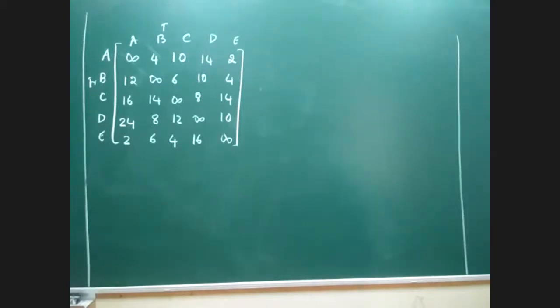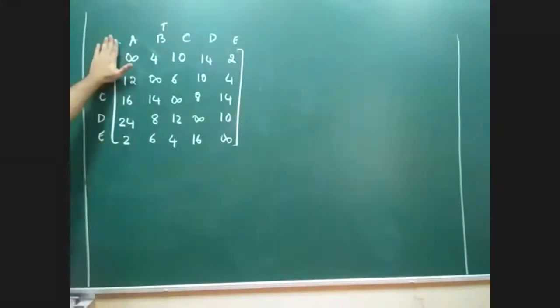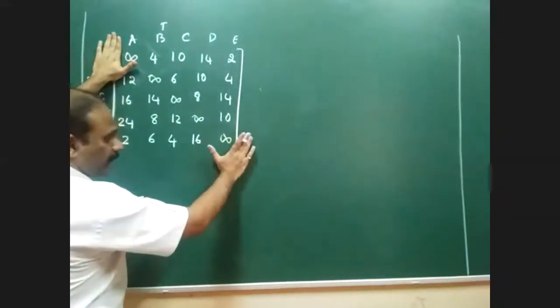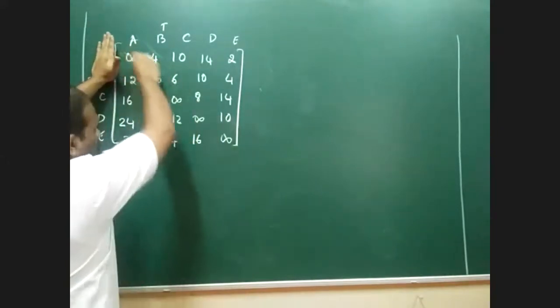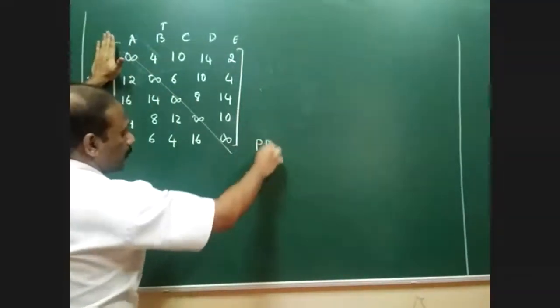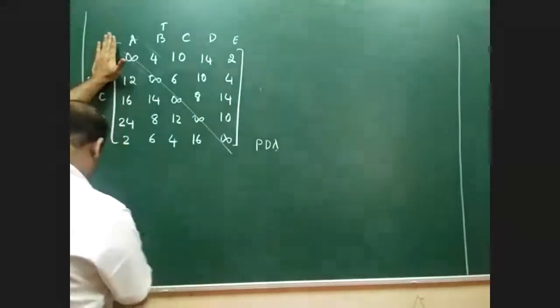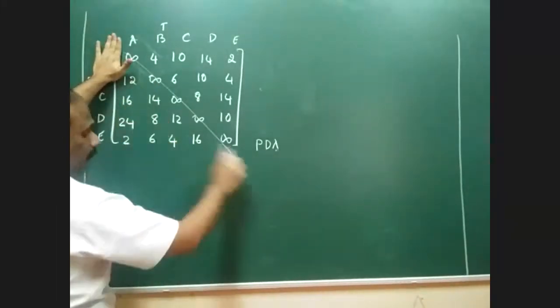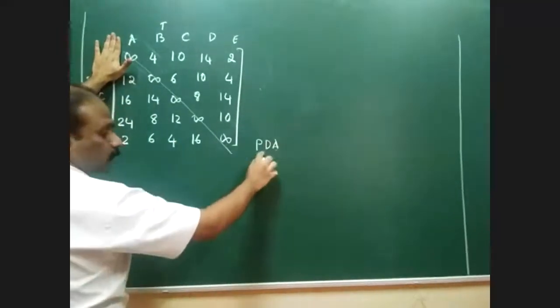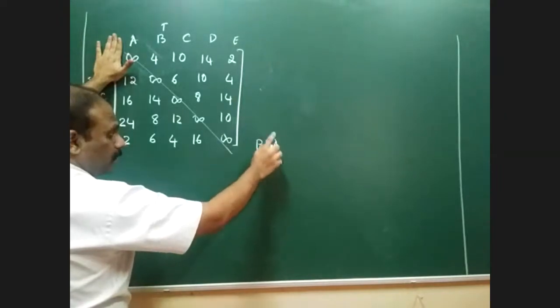If you see the values that run from the left top to the right bottom, we call it the principal diagonal axis.